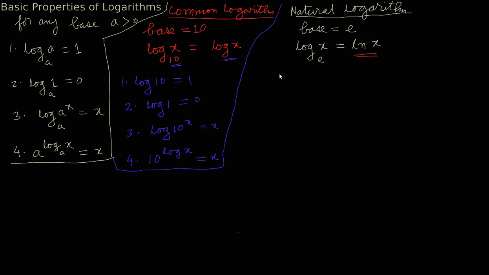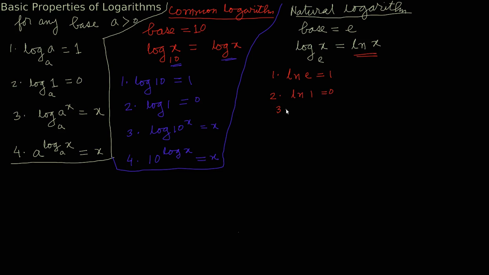So let's look at the properties of this function. Number 1, ln e is going to be 1. Number 2, the natural logarithm of 1 will be equal to 0.